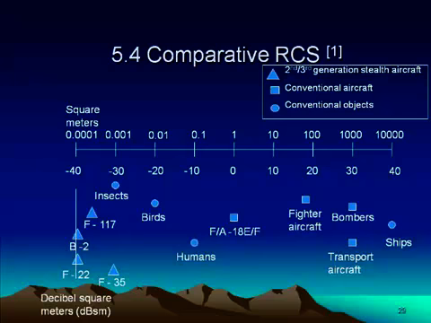The human beings and birds, etc. will give reasonably good RCS, but the ships will be giving you very high RCS values of the order of 10,000 meter square.